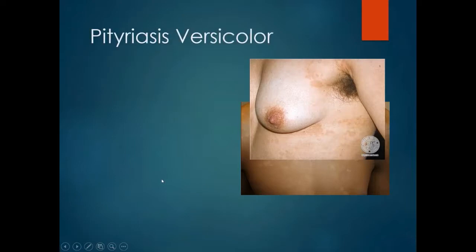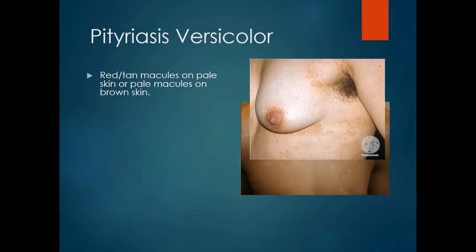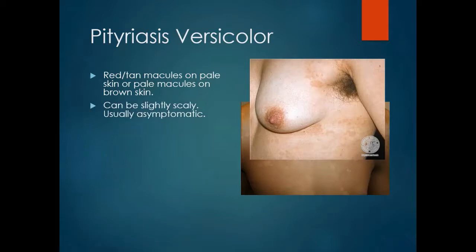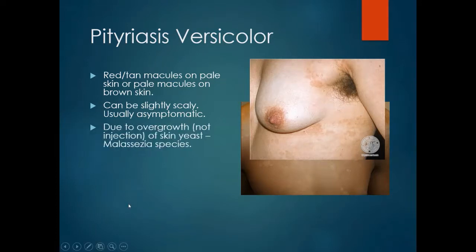This is pityriasis versicolor. Now, as we saw, you can develop red or tan macules on pale skin or pale macules on brown skin, and it may be slightly itchy. Often it's asymptomatic. And it's due to the overgrowth, not necessarily infection, but overgrowth of Malassezia yeast species in the stratum corneum.